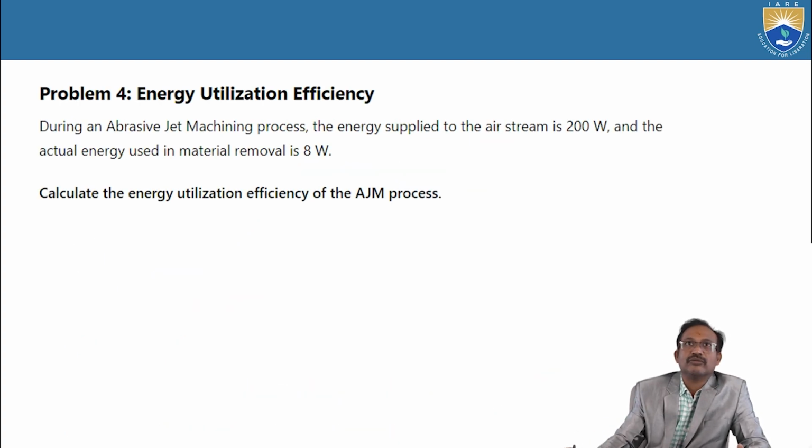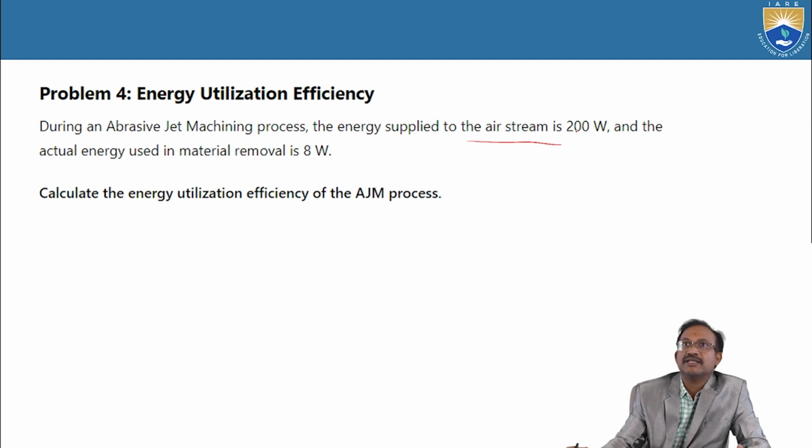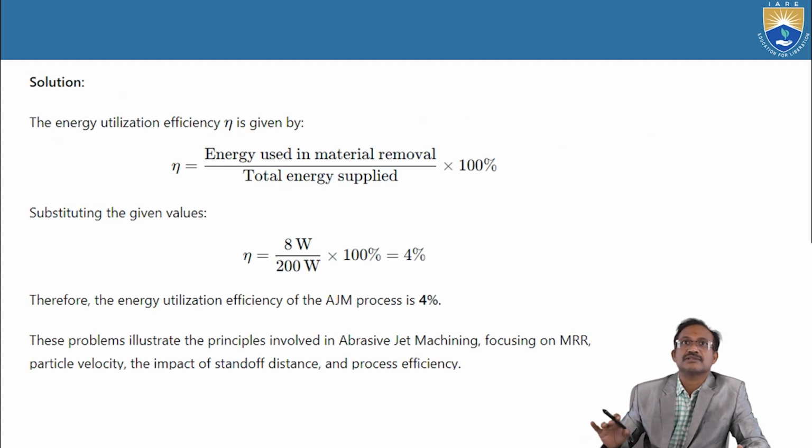Now problem number 4. Energy utilization efficiency. During an abrasive jet machining process, the energy supplied to the air stream is 200 watts, and the actual energy used in material removal is 8 watts. So we have to find the energy utilization efficiency of the abrasive jet machining process.